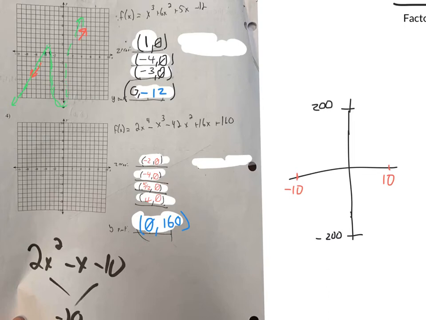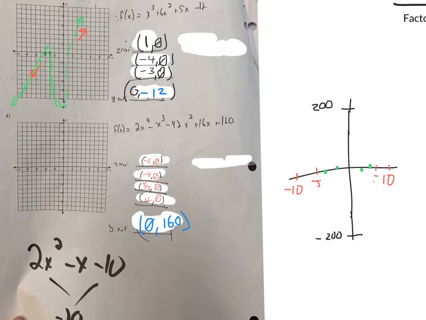So the bottom line is we can just put our x-intercepts here. Definitely we have one at -2, 0, which would be right around here. And -4, 0, which would be right around there. And then we have 5/2, which is like 2.5, and then 4. Okay, so it's kind of like that. Let's imagine that's -5, and imagine that's 5.